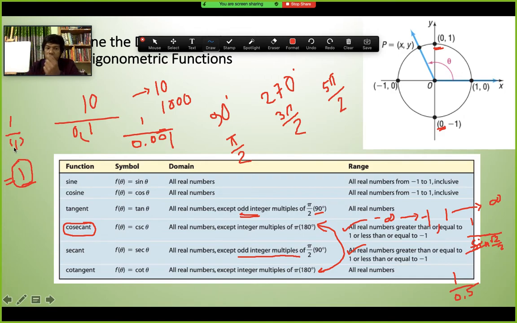If the number downside is smaller than 1, then 1 divided by a number smaller than 1 will start becoming bigger. If some number is between 0 and 1, then 1 divided by 0.2, 1 divided by 0.3, 1 divided by 0.002, they are actually more than 1.